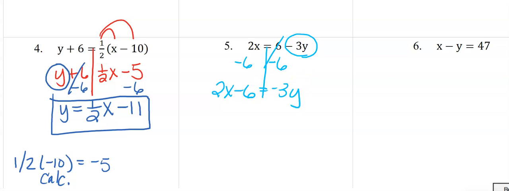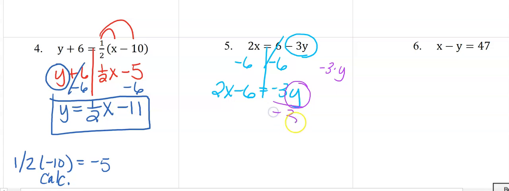So here's our first two-stepper. Now, what do I want to get by itself? The y. So what do I need to get rid of? What is by the y right here? What is that -3 and that y doing? They are multiplying. How do I get rid of multiply? With divide. And when I come over here, I like to split it because it reminds me to do it to both of them.